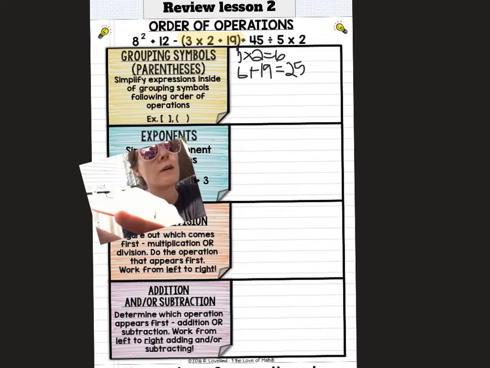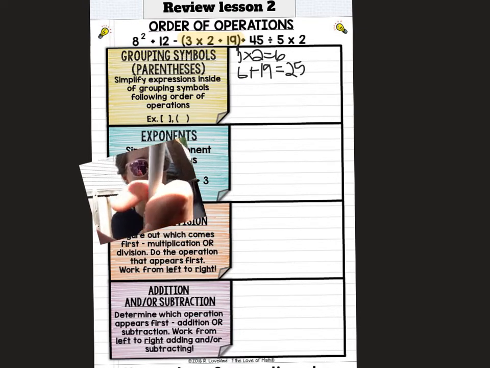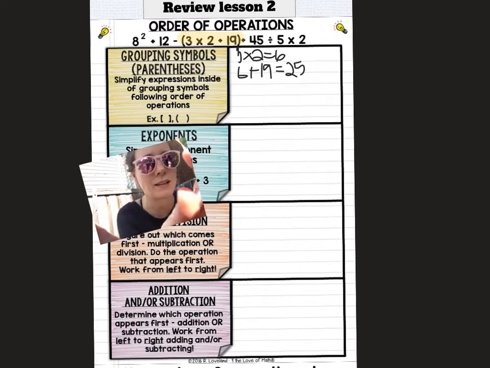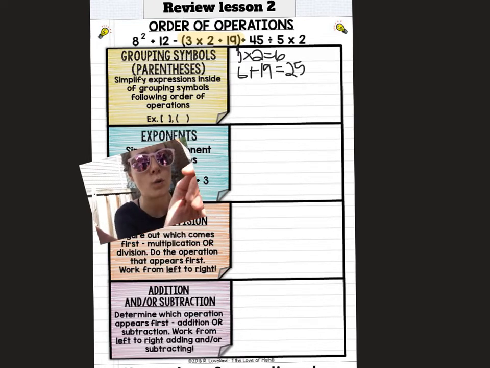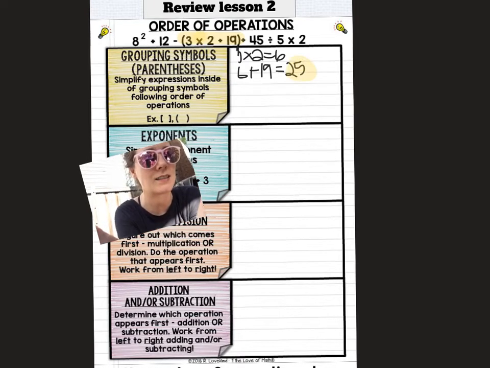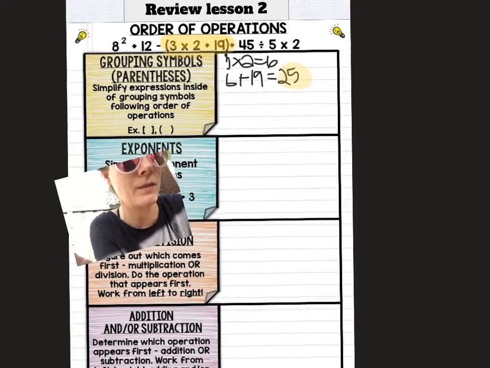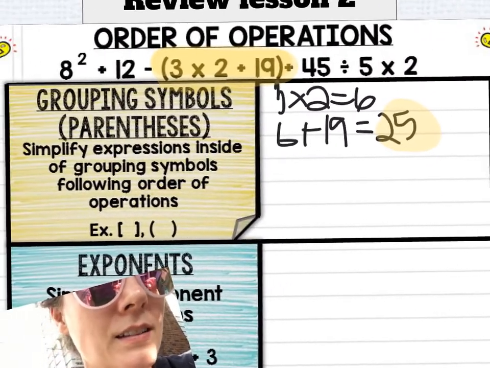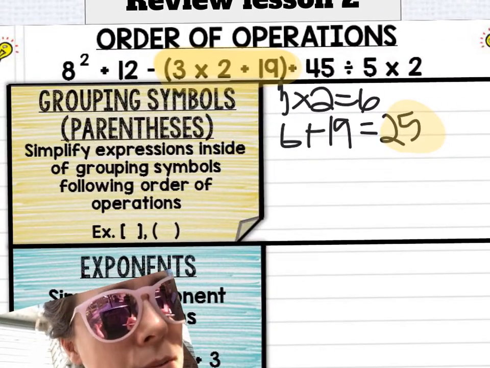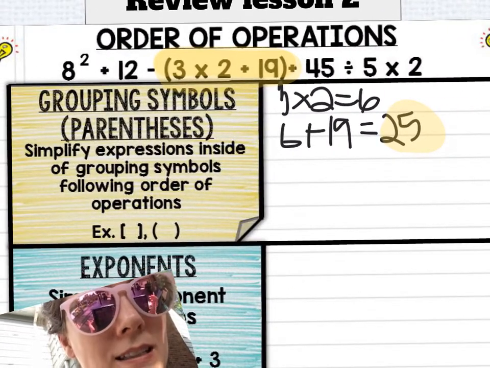Now I'm going to rewrite this whole sentence up here at the top and plug in 25 for where we've got this grouping symbol right here. I'm going to zoom in so I can get nicer handwriting, and we're going to rewrite the whole thing. I'm going to write it down here because I'm going to do the exponents piece next.